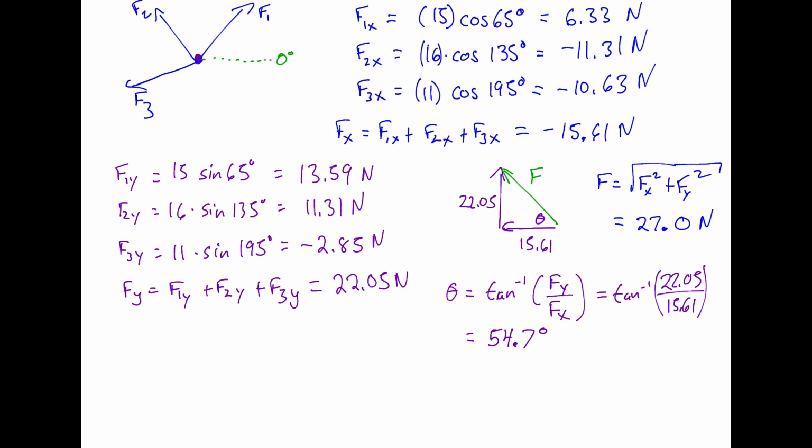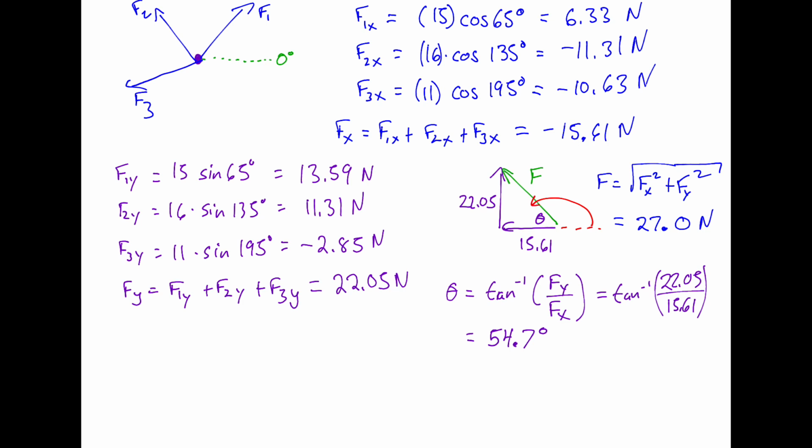Now, is 54 the final answer? No. Not really, because if we look at our triangle, 54 is only what's in here. We need what angle comes all the way around. So 180. Right. So remember, I kind of need the angle from here to there.